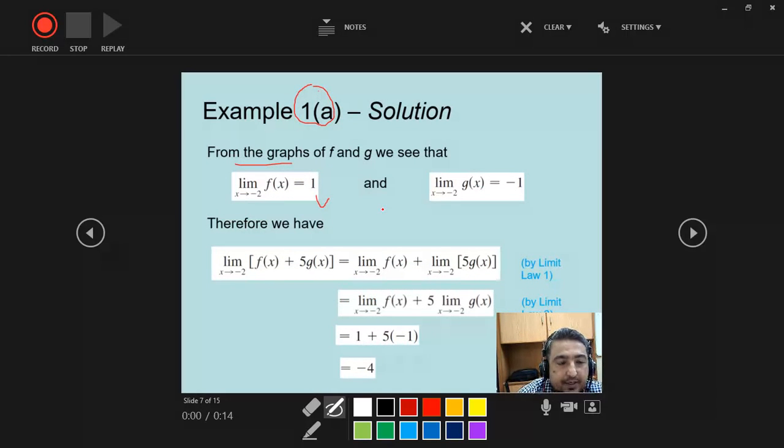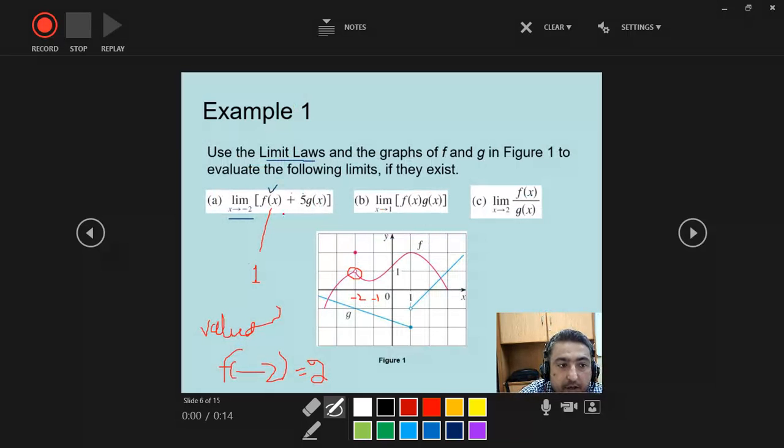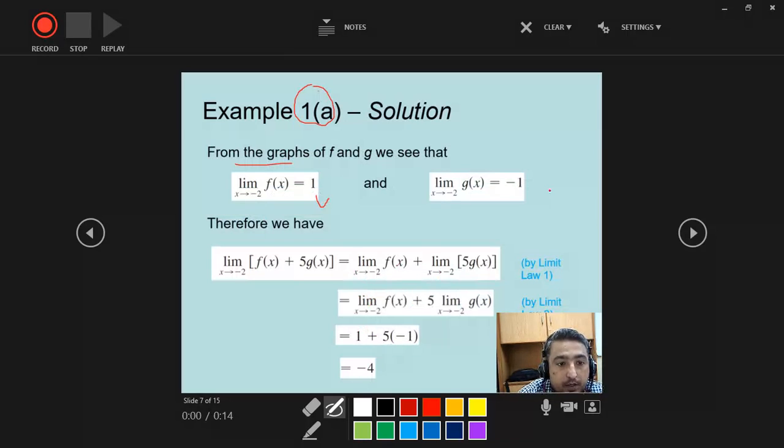And next there is the limit of g of x when x approaches -2. Now look at this: as x approaches -2, g is -1. If you notice this one, what is the value of g here? It's -1. Now we have 5 as a scaling parameter for g, so our g is scaled with 5.